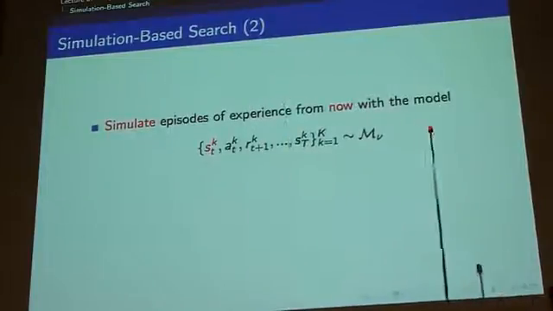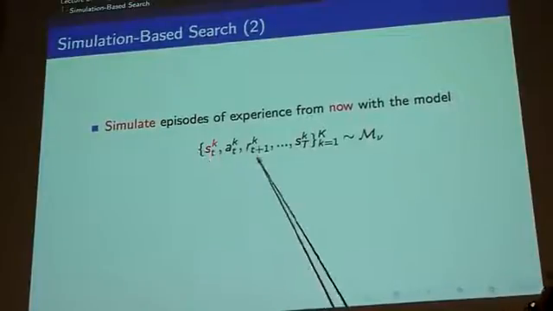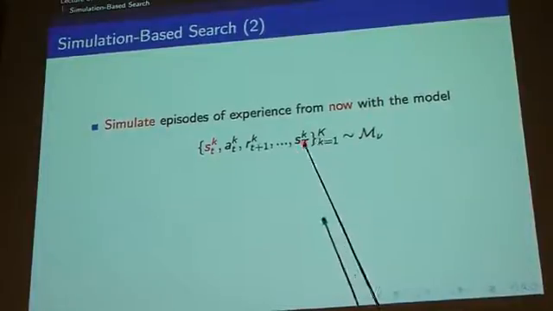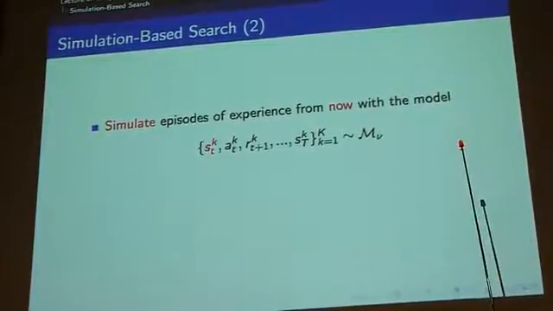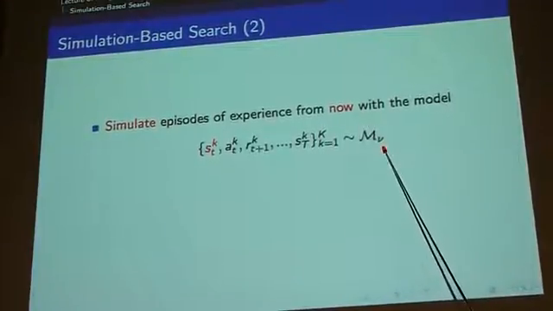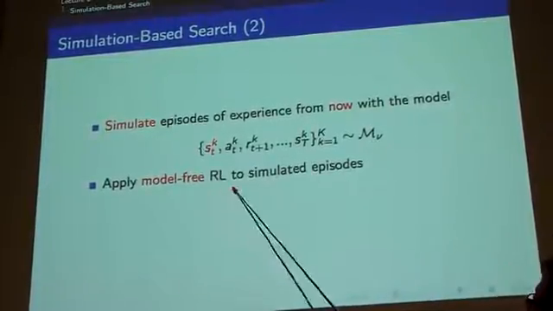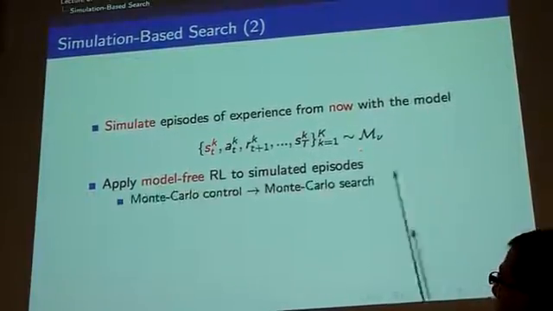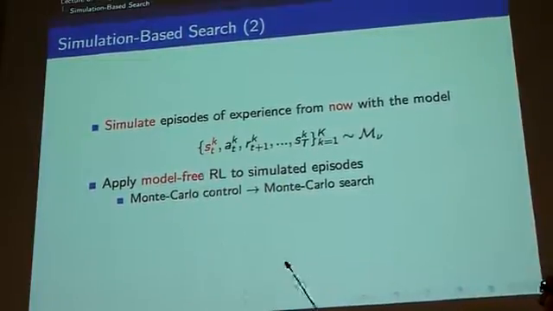Okay, so just to make that concrete, we're going to simulate episodes of experience from now. That basically means we're going to generate complete sequences of experience up to some terminal step or up to some horizon which we decide on, as we've simulated far enough. We're going to draw those from our model using some policy. We're going to apply model-free reinforcement learning to these simulated episodes. So this could be Monte Carlo control, one approach to model-free reinforcement learning that we've seen.